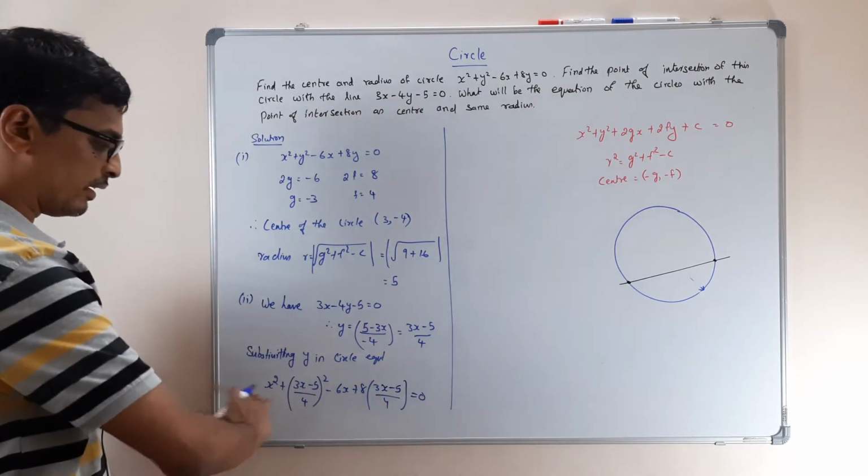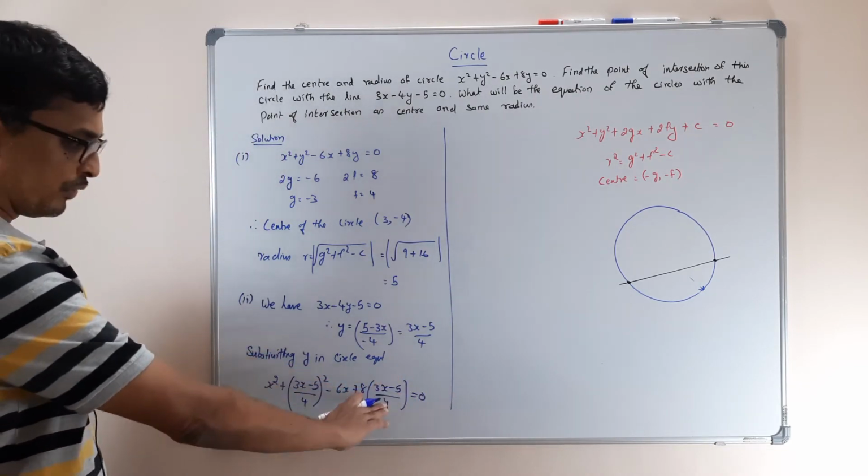Let us take 4 as the LCM, so the 4 cancels when I multiply.